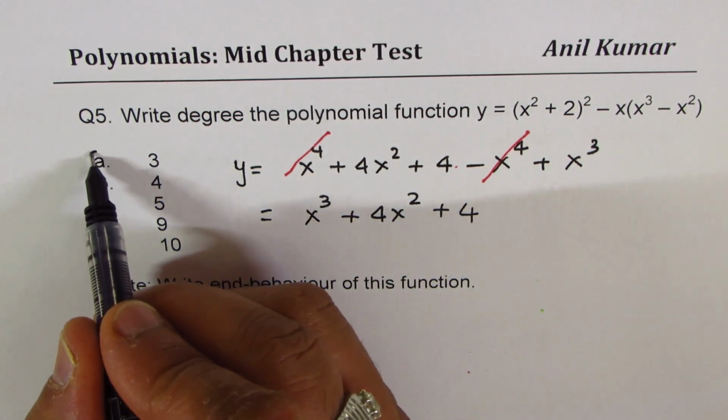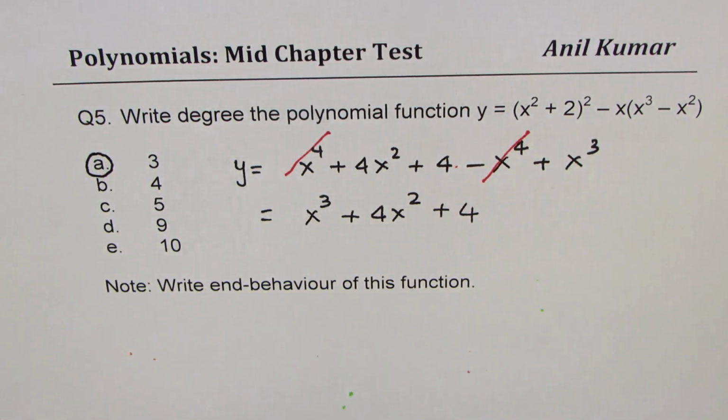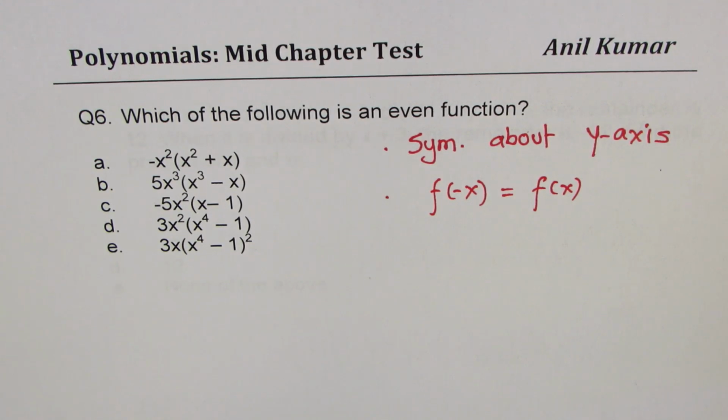So the idea here is look carefully. Polynomials introduction may seem very simple, but you can have very tricky questions like you've seen in this particular set. So the idea of the mid-chapter review is to expose you to the areas which are prone to errors, okay?